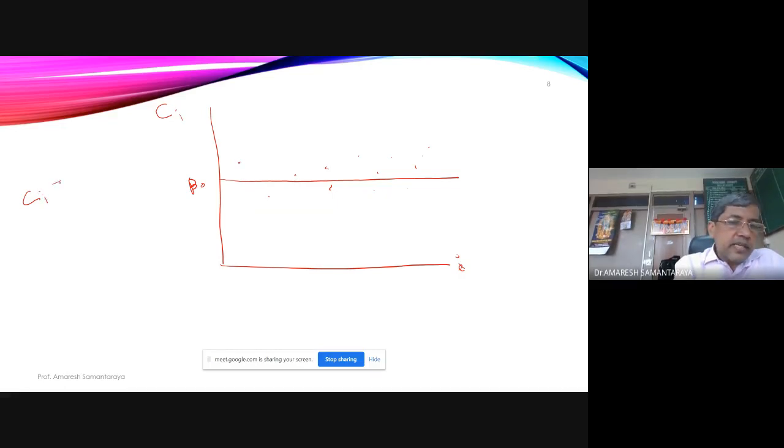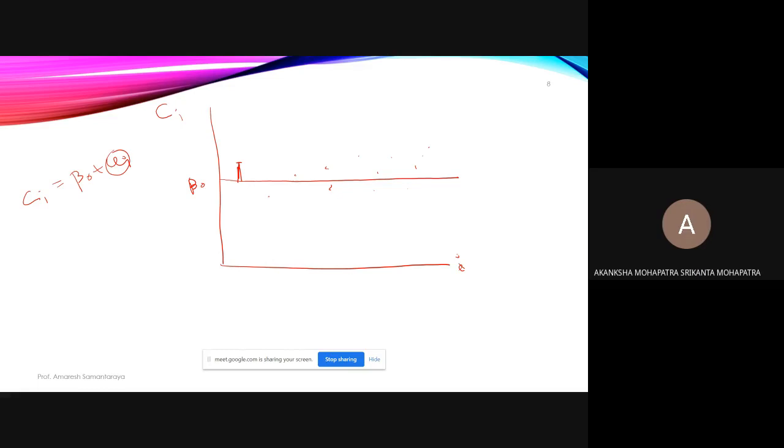So your Ci is beta 0 plus ui. ui is basically the difference between the actual value and the average value of consumption for a particular individual. So ui will still be there because it captures the randomness in consumption expenditure of the individuals, and beta 0 will represent average consumption expenditure. Is it clear? Yes, sir, it's clear.